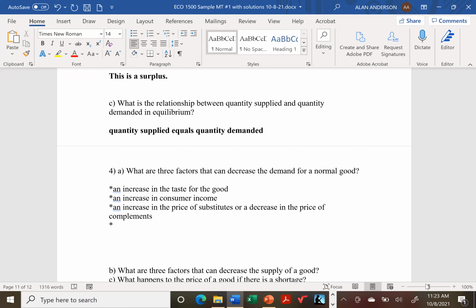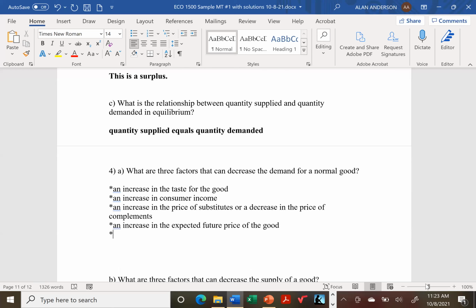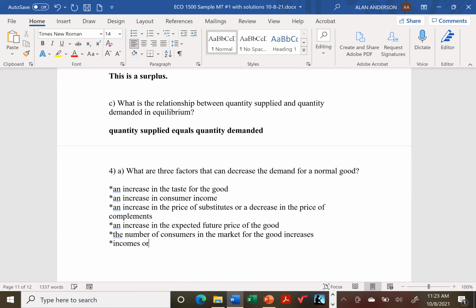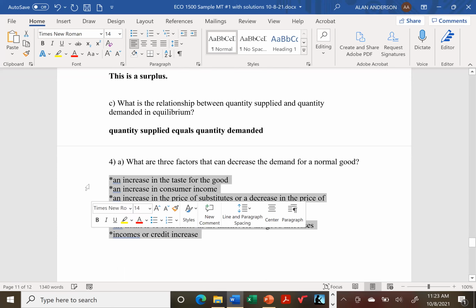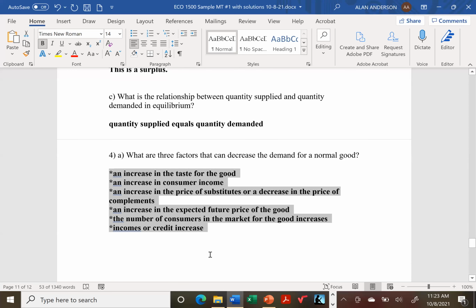An increase in the expected future price of the good. The number of consumers in the market for the good increases, and incomes or credit increase. Okay, so any 3 of those are fine. If any of those happen, the demand curve will shift to the right, and that would be considered an increase.